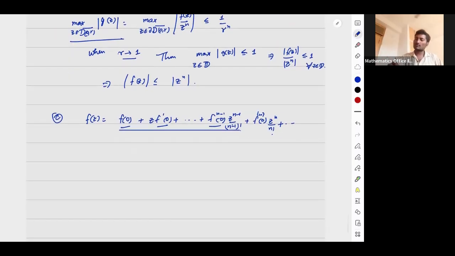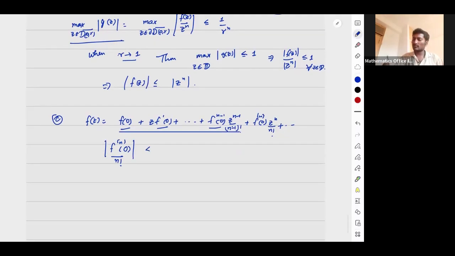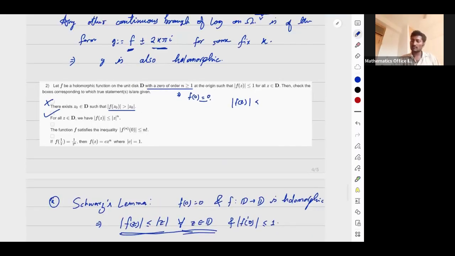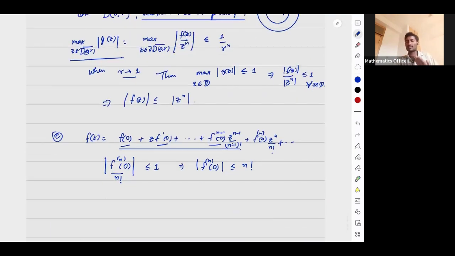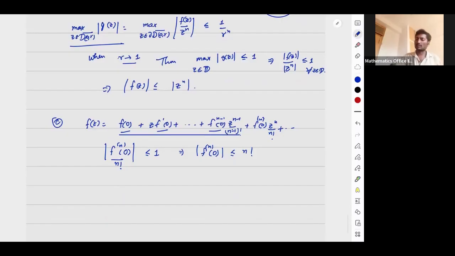And the first non-zero coefficient will be f^(n)(0) by n factorial. So this modulus will be less than or equal to 1. And this will imply that modulus of f^(n)(0) is less than or equal to n factorial. So this is what is in our option, and this is true.